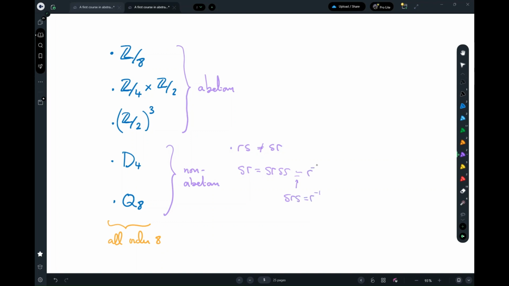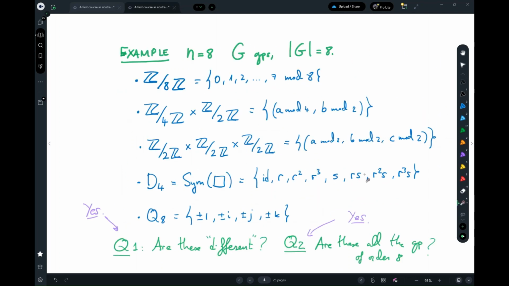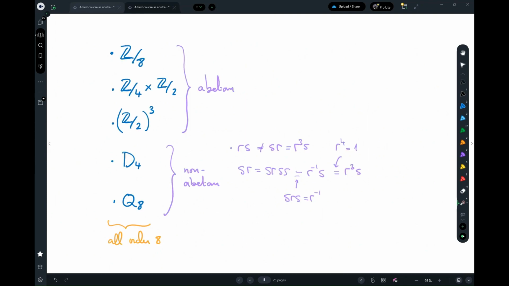So this is R inverse S. But also remember that R to the 4 is 1, so R cube is the inverse of R. So R inverse S is R cube S. So SR is actually R cube S, and RS and R cube S are two different elements. You can see them right here. Great. So RS is not SR, so D4 is non-abelian.